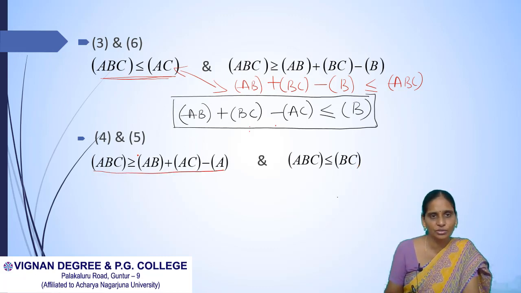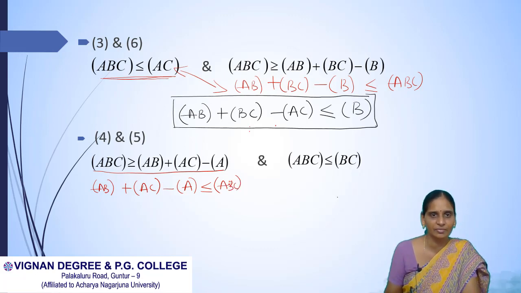The fourth relation can be written as frequency of AB plus frequency of AC minus frequency of A, which is less than or equal to frequency of ABC.